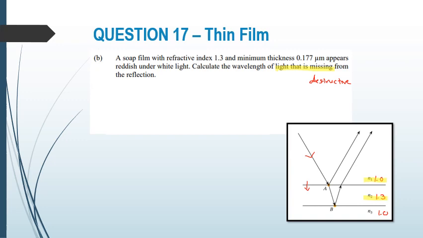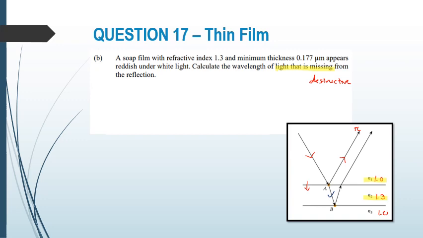So the reflected ray at point A will undergo pi radian phase change, because it's traveling from less dense towards denser medium. Part of the ray is reflected and part of it will be transmitted and keep moving forward. So the one that is transmitted will move towards the second layer.